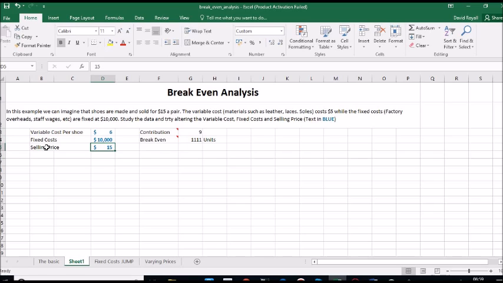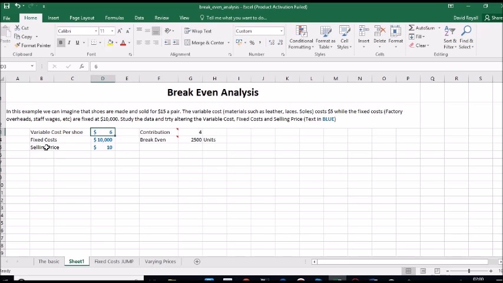Let's imagine that the selling price were to drop through competition. So if I bring that down to $10, my new contribution should be $5. There we go. We now need to make 2,500 units, pairs of shoes in this case, to break even.